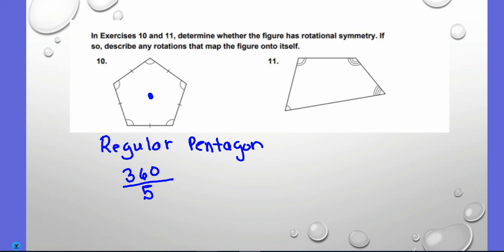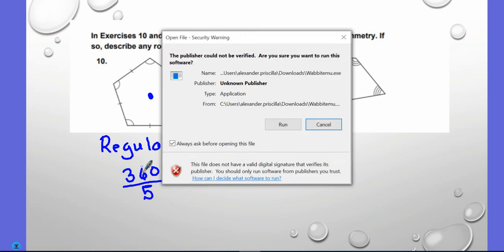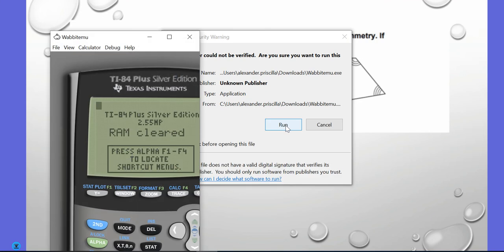And let's see what that is. 360 divided by 5.